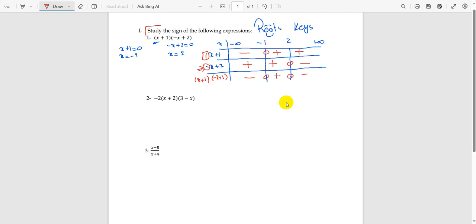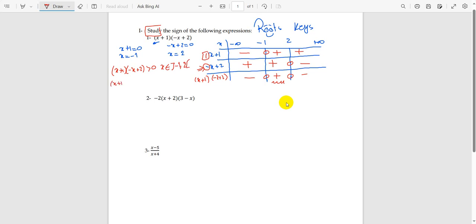Right now he said study the sign. Studying the sign, I have to check when this expression is positive and when it's negative. So we will say that x plus 1 into minus x plus 2 is greater than 0. I will check where do we have the positive sign, right here. Then x belongs to -1, 2.